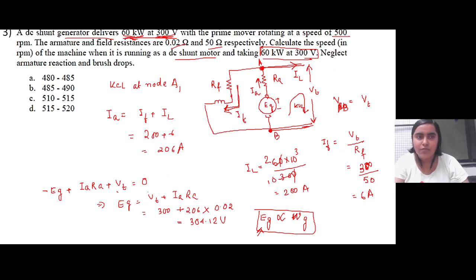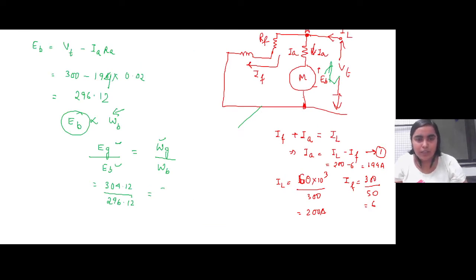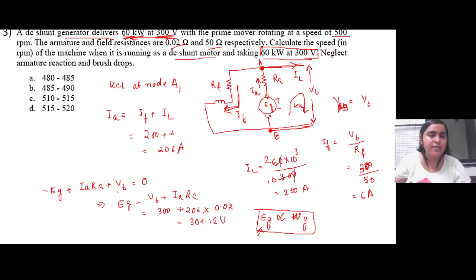The generator speed is 500 RPM. So WB is equal to 296.12 by 304.12 into 500, which comes out to be 486.84. So 486 is in the range which is given in option B. So option B is the correct option here.